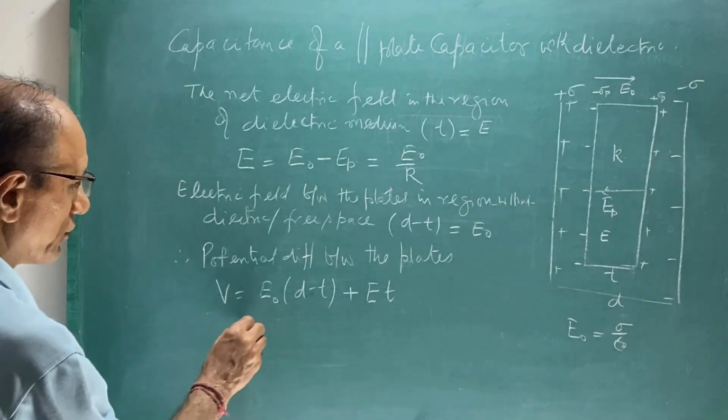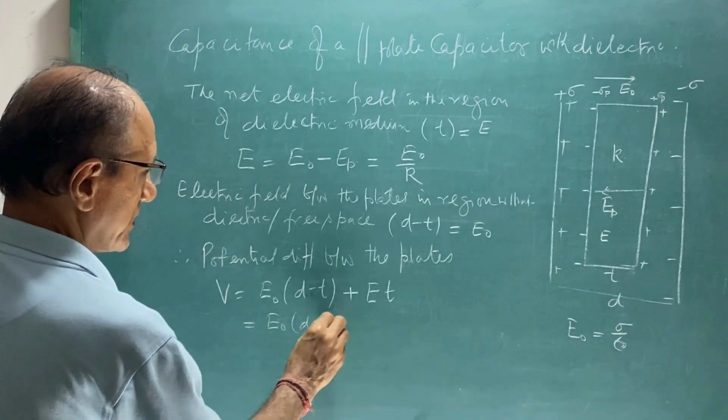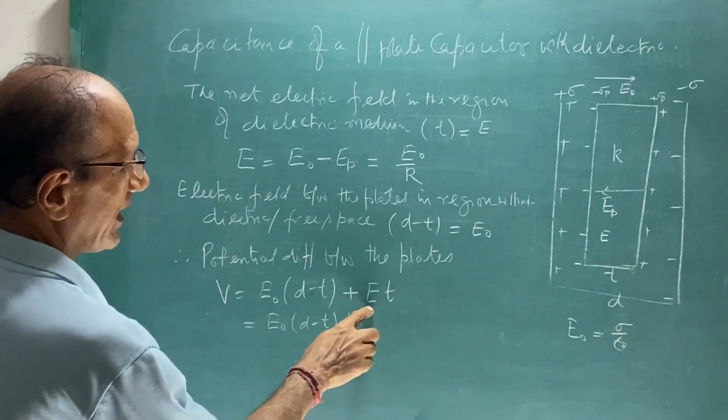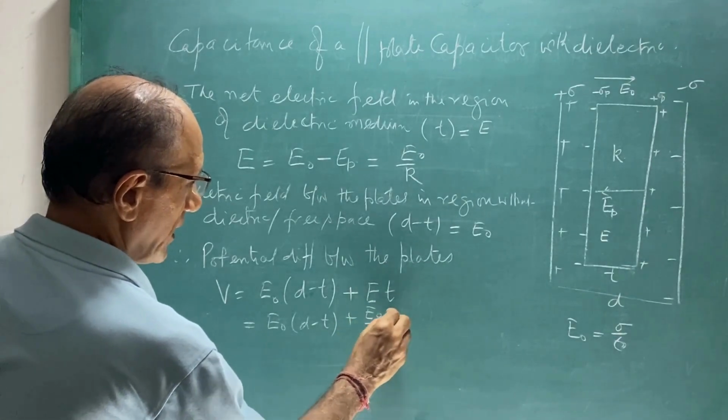So this will be equal to E naught into D minus T plus E, where E equals E naught upon K, into T.